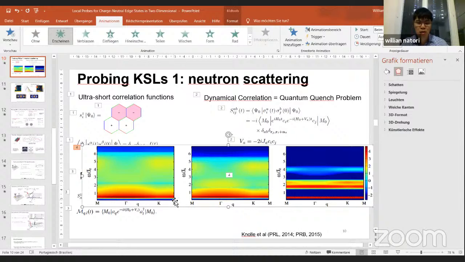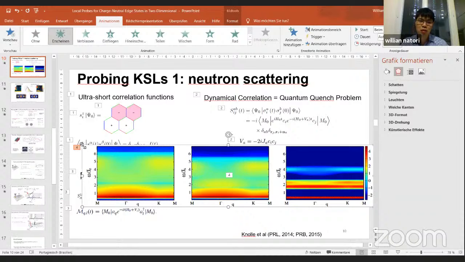Not really small, but something like 0.26 times the Kitaev coupling in the isotropic limit. And this is even if the Majorana fermions are gapless.